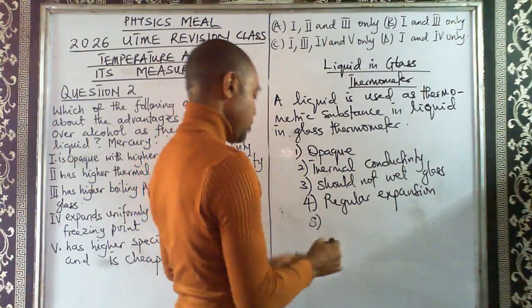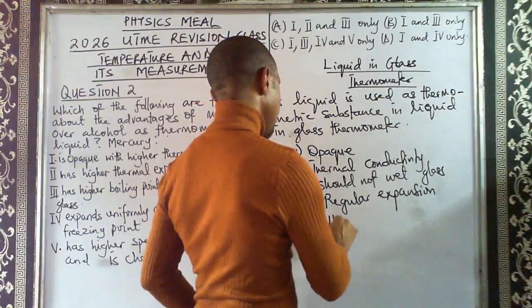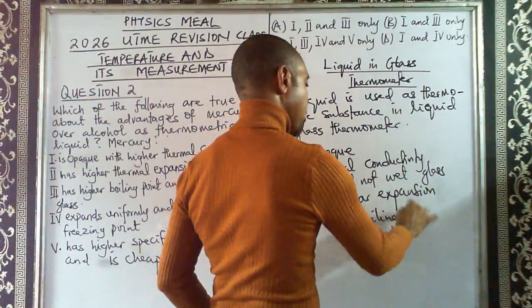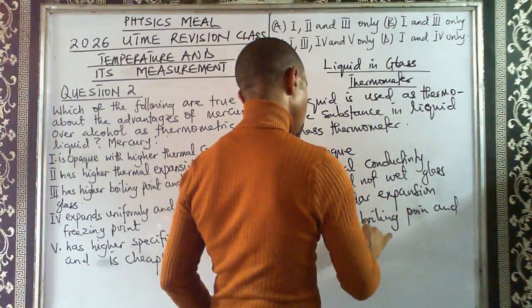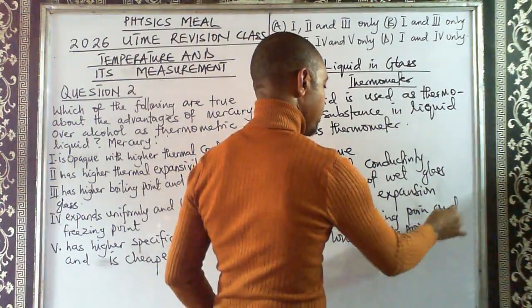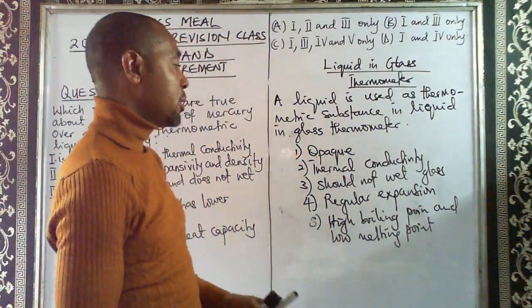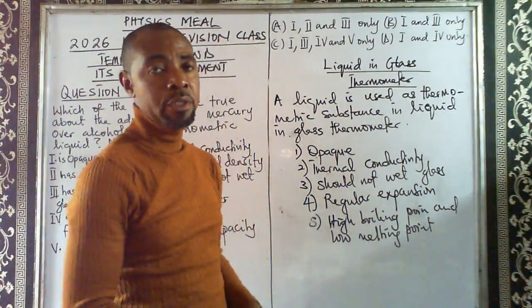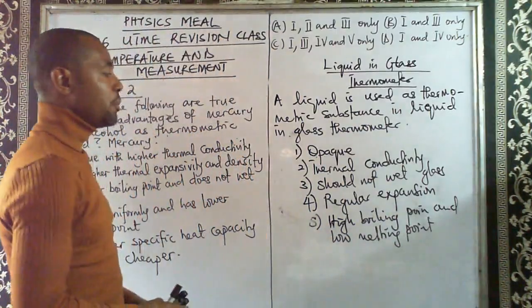Such a substance must have a high boiling point and a low melting point, or low freezing point. It should have a high boiling point and low freezing point. It should also have high expansion. It should be able to expand properly.